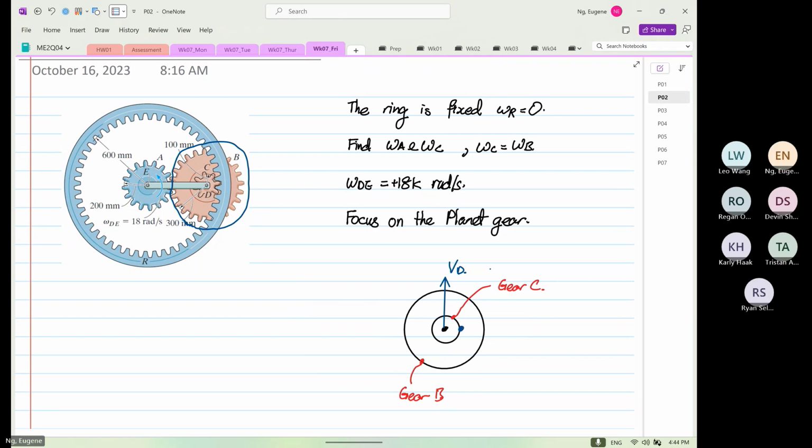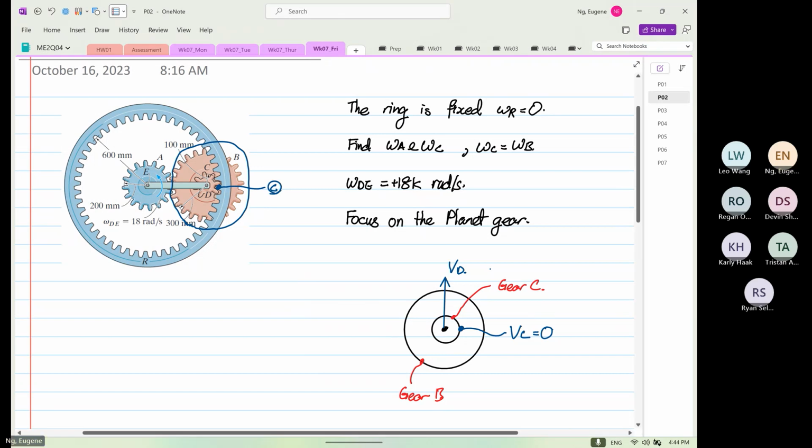This is on gear C, and this is our VC. So VC in this case is equal to what? 0. When I call VC it is at this point down here. So this is my point C.